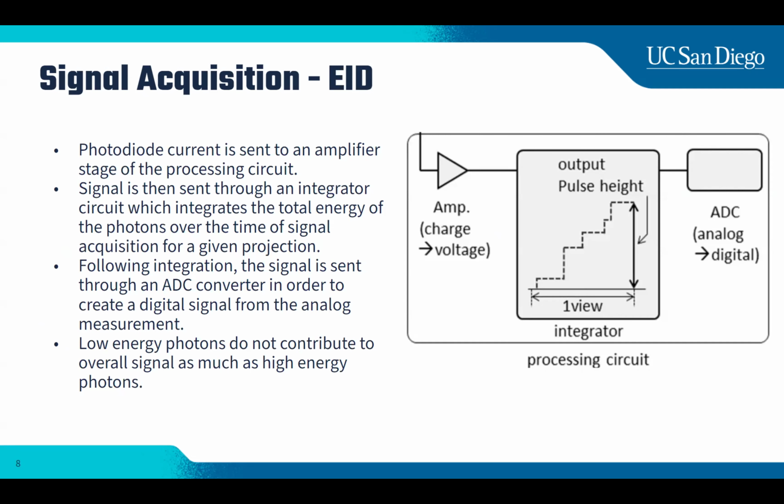For the integrating circuit, it's much easier because you use an analog signal known as an integrator. That will integrate the energy over time, and that will take into account multiple photons, multiple energy beams, and create what is known as a cumulative energy curve.